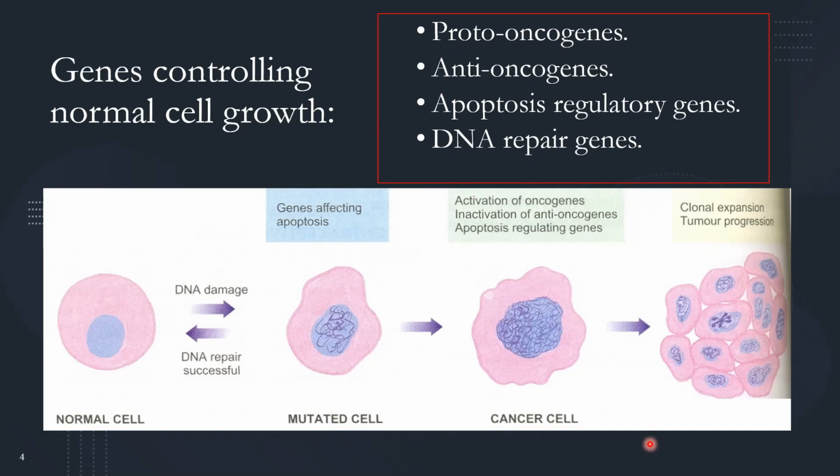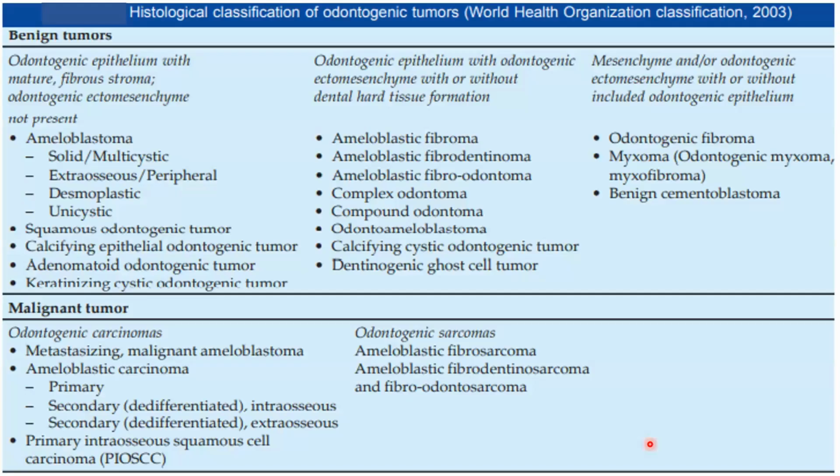They are odontogenic in origin, and that is why they're called odontogenic tumors. So this is a classification of odontogenic tumors given by WHO in 2003. And as you can see, it's broadly classified as benign tumors and malignant tumors.